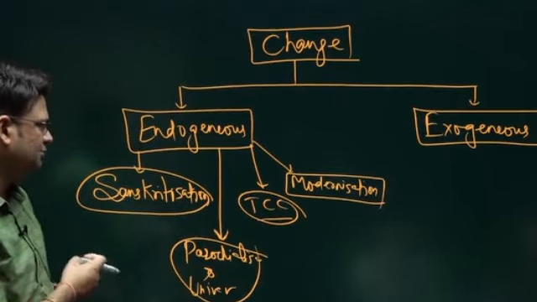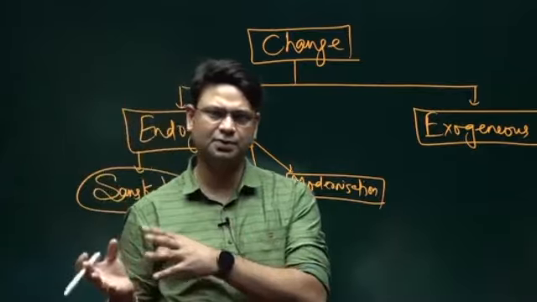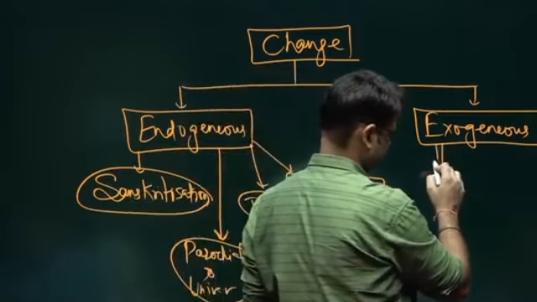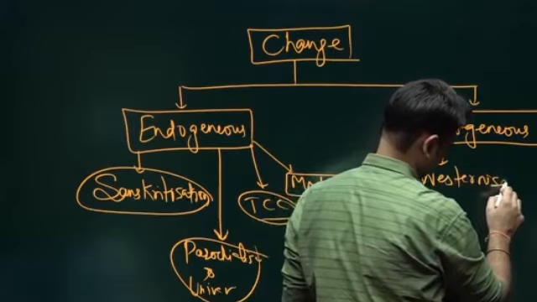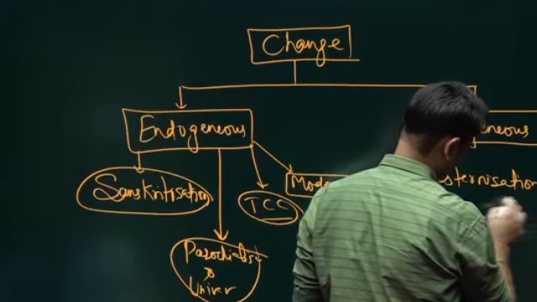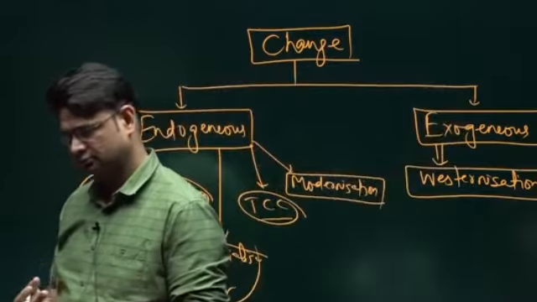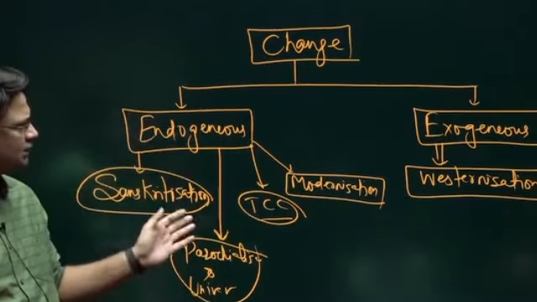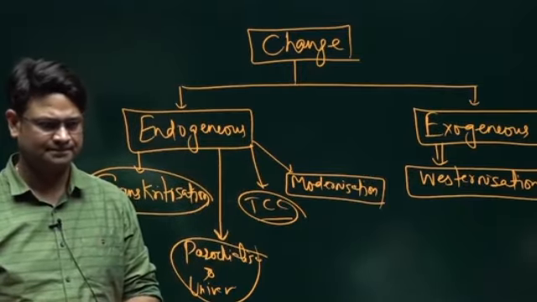Tribe caste continuum, modernization, Sanskritization, and exogenous, that originate from outside the society. So, you can say westernization, your globalization, है ना, westernization, globalization, these are originating outside the society, ठीक है.